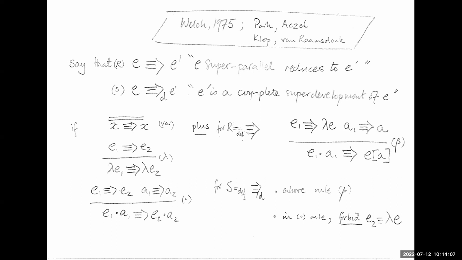So I'm going to analyze an application, but I don't even have to know I have a function to begin with, as long as I can get one. So if E1 super reduces to lambda E, and the argument A1 reduces to A, then E1 applied to A1 reduces to E with A in the hole.